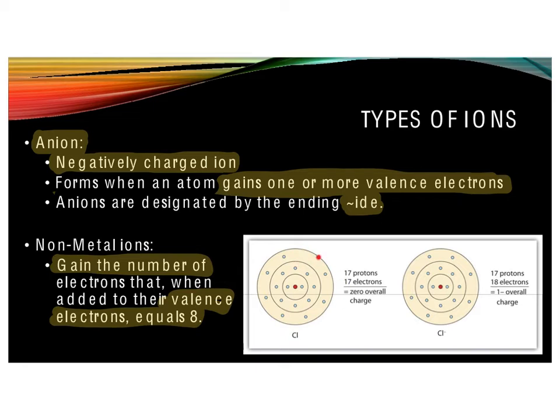But there's this gap right here in this third shell that with 1 more electron, it could be full. And so if chlorine gains that 1 electron, like it does here, we now have 1 more electron, or 18 total electrons. And so there are now more electrons than protons, which means we have a -1 overall charge, or a 1 negative overall charge. And that's because electrons are negative, protons are positive.